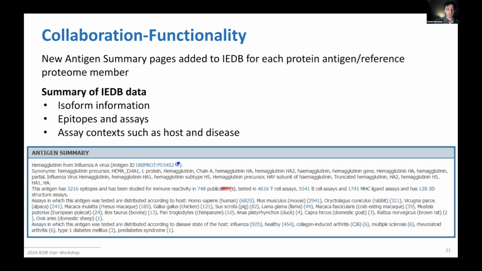You can see here, you have the parent protein ID for hemagglutinin, all the synonyms associated with that protein, all the epitopes associated with it, and the publications, the assays, the 3D structures, and then the hosts that these epitopes were tested in, and the diseases within that context of the assays. So if you want to study a particular protein, this is very useful to see a snapshot or an overview of the protein itself.